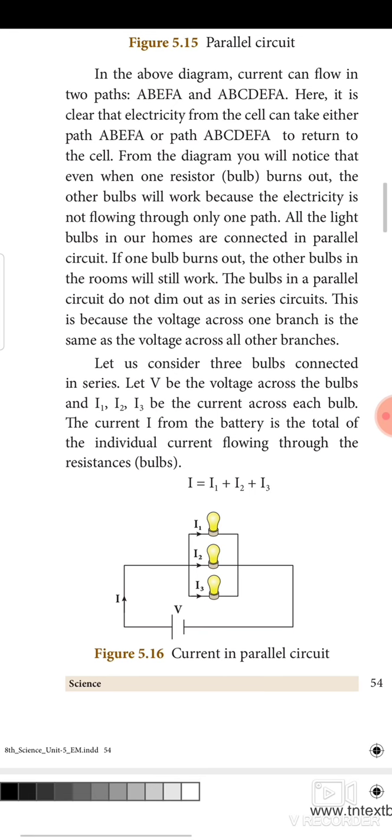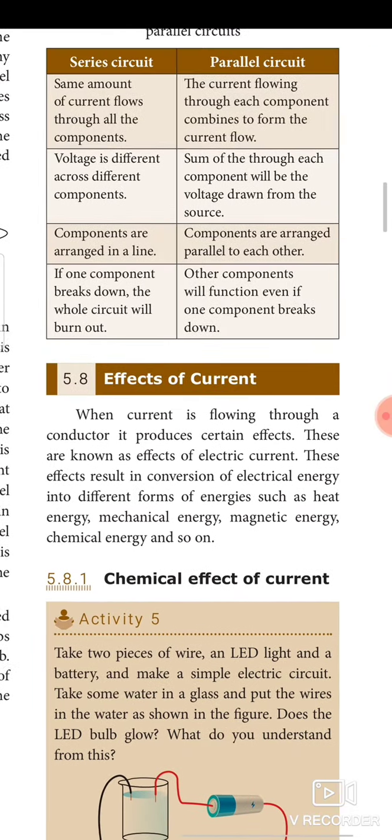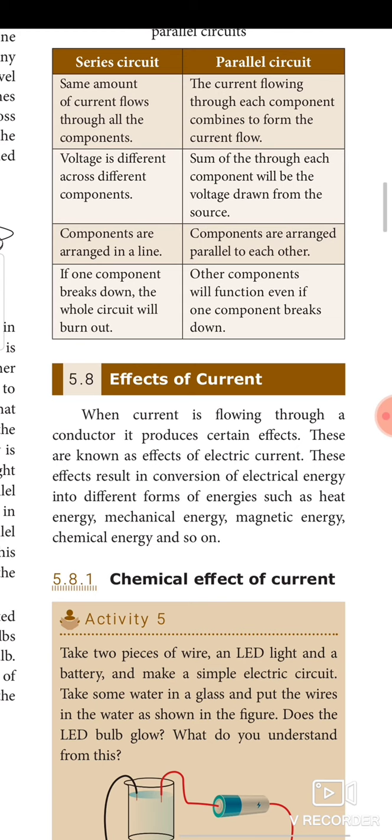The difference between series and parallel circuits is given in your textbook. Let's see that. The same amount of current flows through all the components in a series circuit. The current flowing through each component combines to form the current flow in the parallel circuit. Voltage is different across the different components in a series circuit.